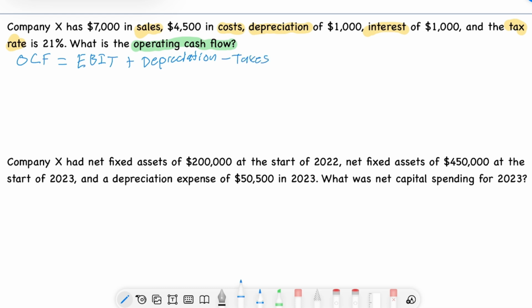Okay, let's start off by finding our earnings before interest and taxes. Well, that's going to be our revenue minus our expenses minus our depreciation. We're going to get $1,500.